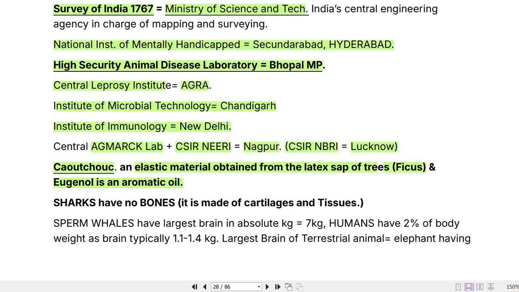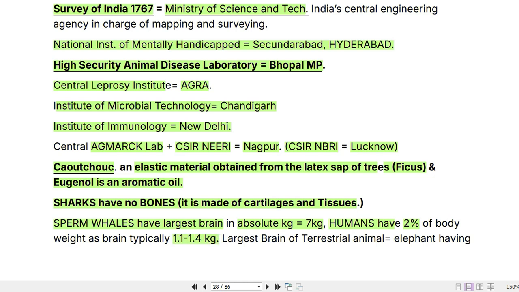Then sharks have no bones. They are simply made of tissues and cartilages. And sperm whales have the largest brain. In absolute quantity, it weighs around 7 kg, whereas humans have approximately 2% of the body weight. You can either remember it like that, as a percentage of body weight, which is 2% of the body weight, or in absolute quantity, at max it can go up to 1.4 kg.